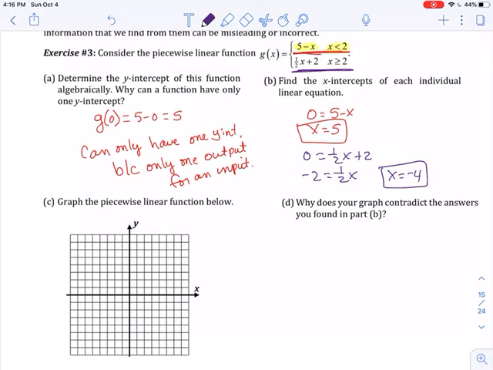All right, let's do a little graphing. Graph the piecewise linear function below. The first one has a y-intercept of 5, 1, 2, 3, 4, 5, and it has a slope of -1.